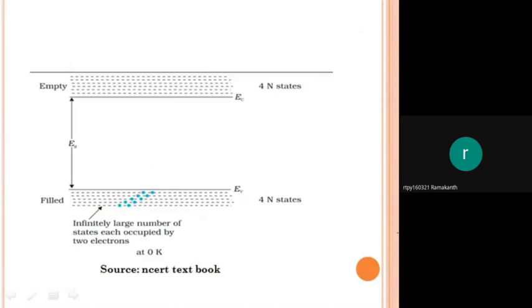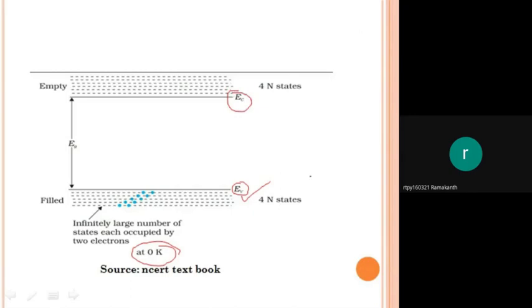See here, this is at 0 Kelvin. At 0 Kelvin, all these energy levels are completely filled. This is the valency band, and this is the conduction band.